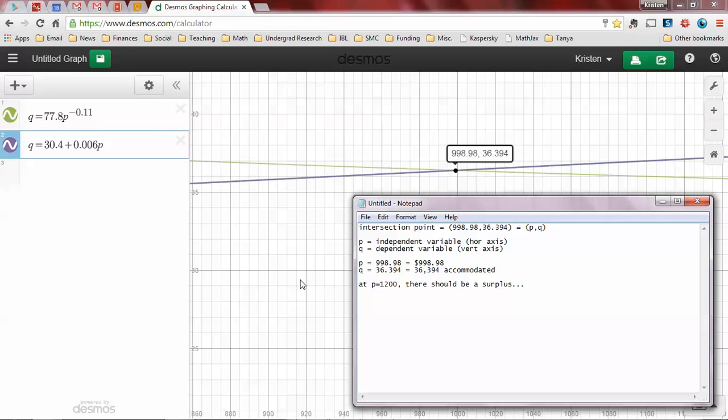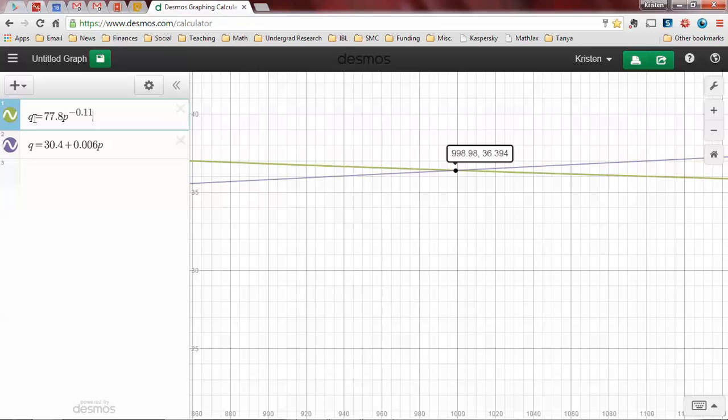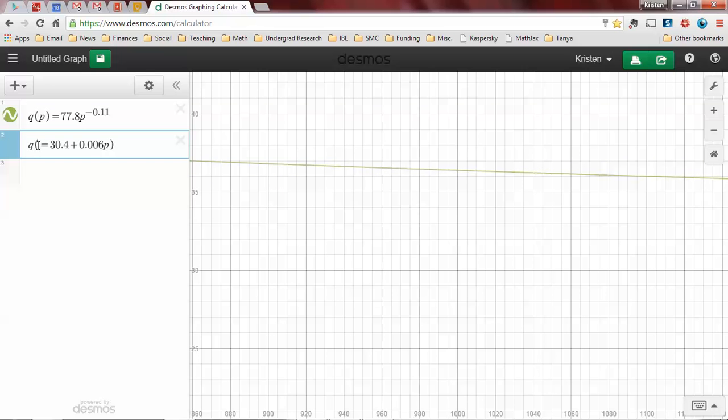We're doing that intuitively. But to figure out exactly what that surplus would be, Desmos will actually do that for us. So to get Desmos to calculate that, instead of writing just the equation Q equals blah, blah, blah, I want to specify that Q is a function of P. So Q of P is equal to this stuff. And then down here, Q of P. Now, we have a bit of a problem because this looks like they're the same function.